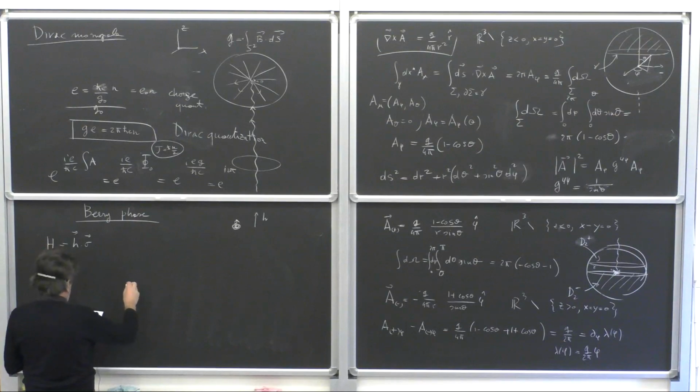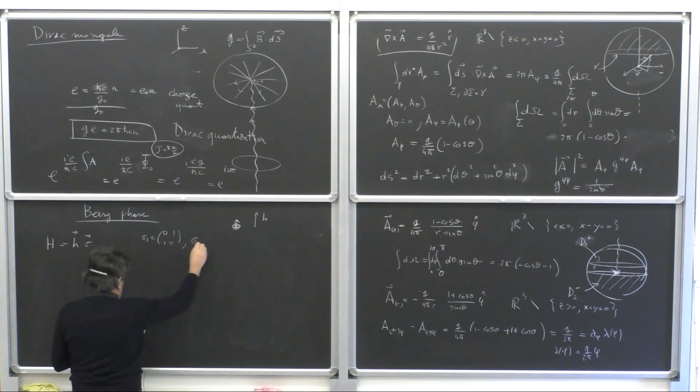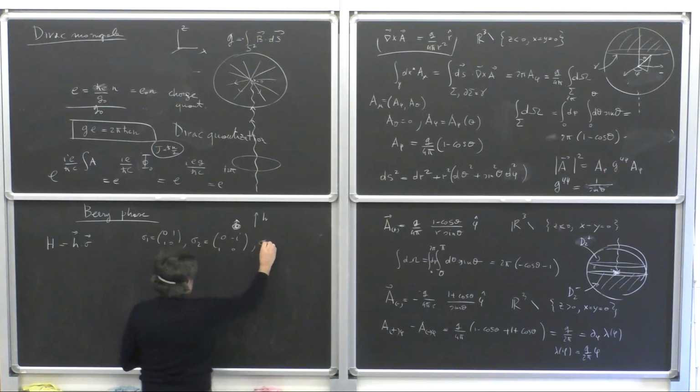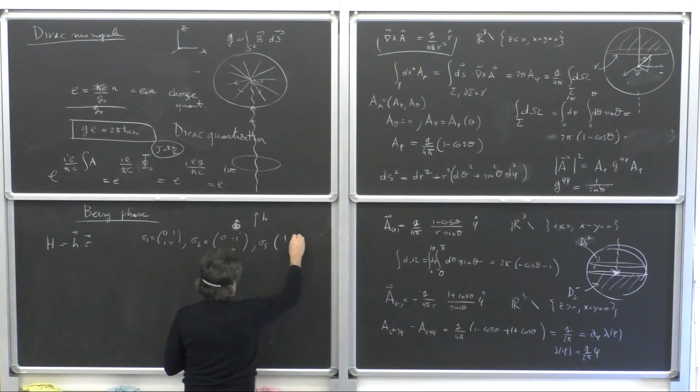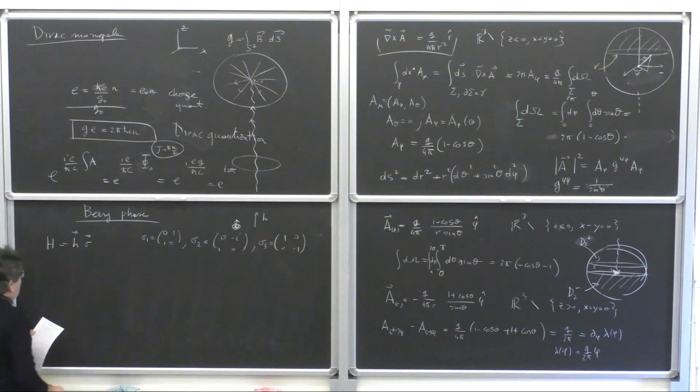Then sigma are the Pauli matrices. Okay, and what are the eigenvalues? So it's a two-dimensional Hilbert space. So the states are two spinors, constant two spinors, alpha, beta.